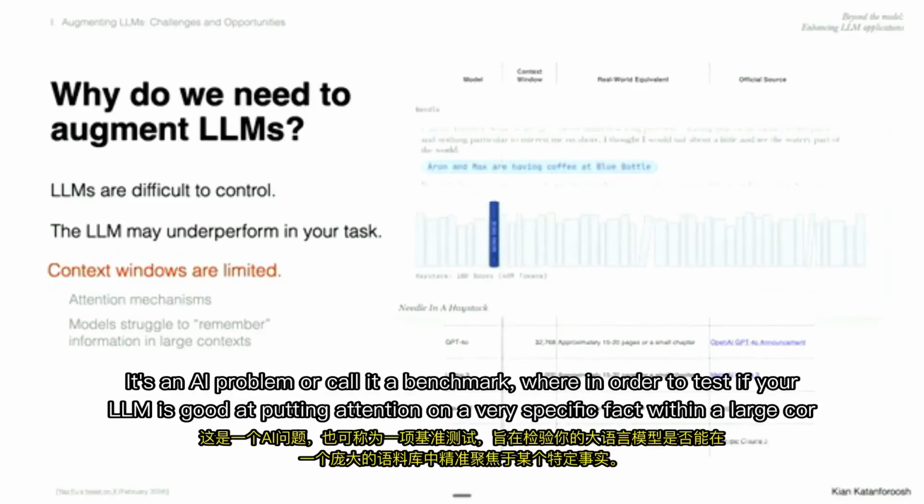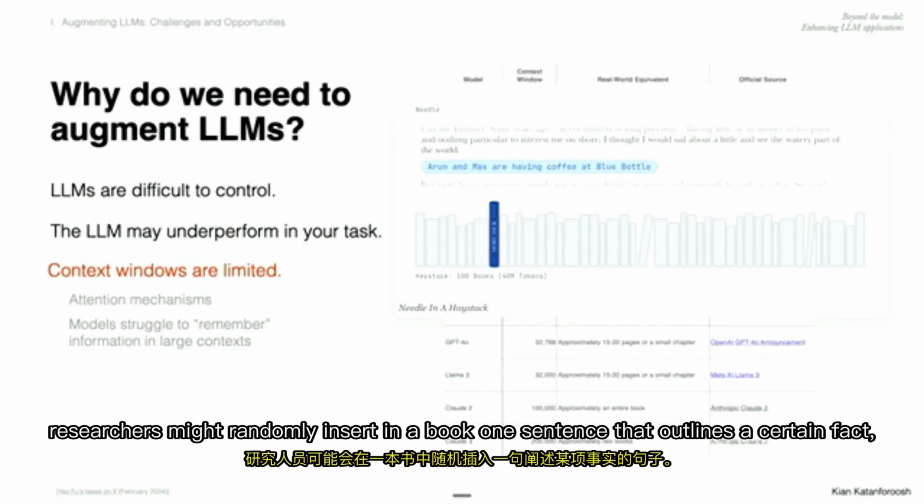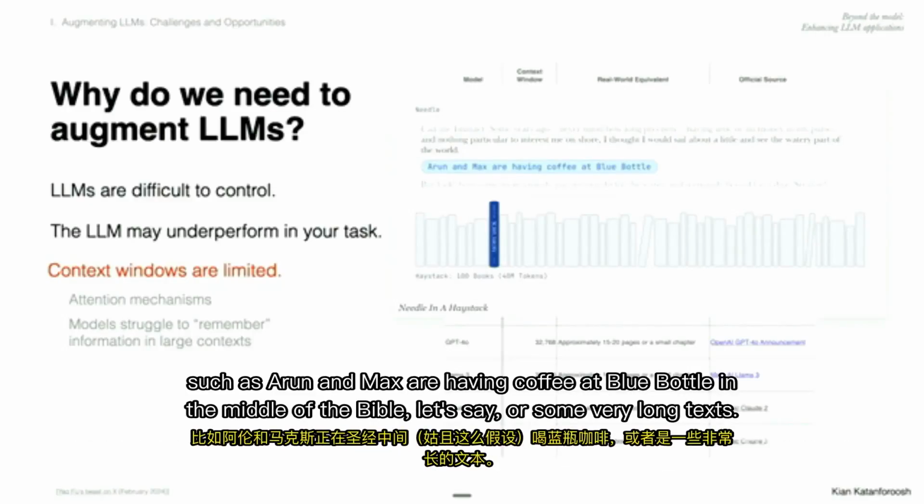It's an AI problem, or call it a benchmark, where in order to test if your LLM is good at putting attention on a very specific fact within a large corpus, researchers might randomly insert in a book one sentence that outlines a certain fact, such as Arun and Max are having coffee at Blue Bottle in the middle of the Bible, let's say, or some very long text.